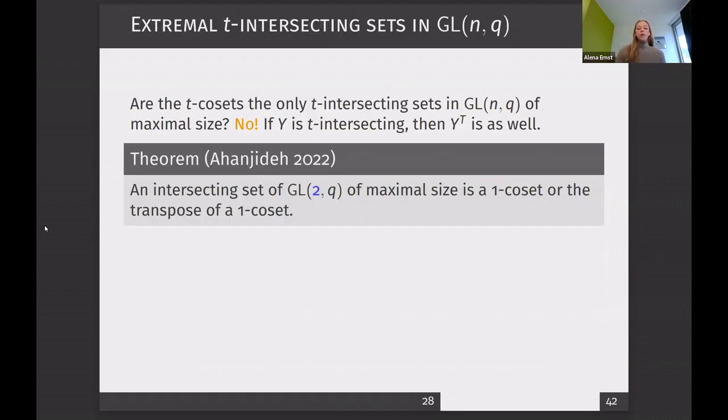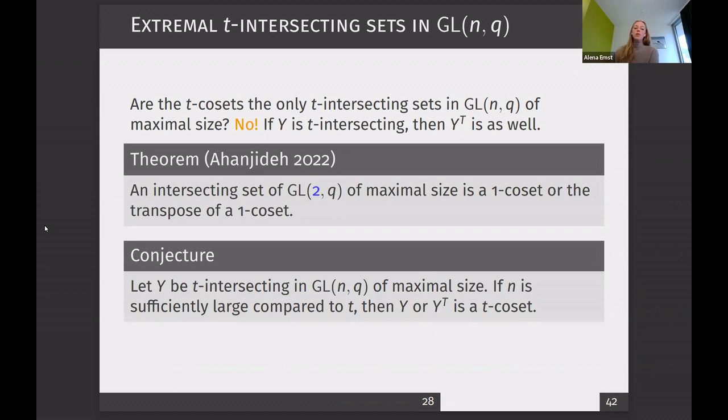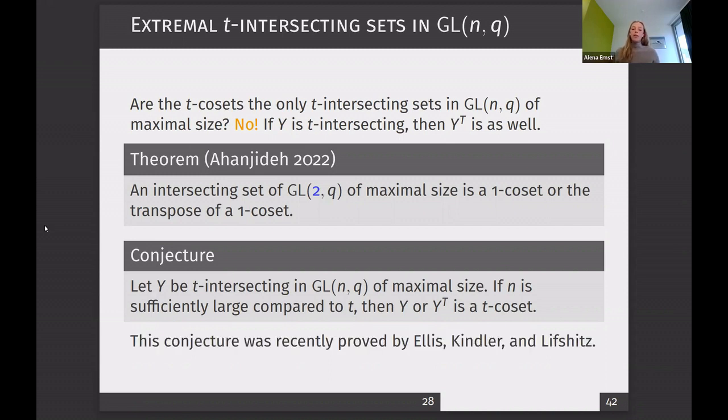But what is known, for example, is that an intersecting set of the finite general group of 2 times 2 matrices of maximal size is a one-coset or the transpose of a one-coset, which led us to the conjecture that for a t-intersecting set of maximal size, for arbitrary n sufficiently large compared to t, the set or the set consisting of all transpose matrices is a t-coset. And that was in fact proved also by Ellis, Kindler, and Lifshitz in the same paper where they proved the bound. And I will comment on this later on.